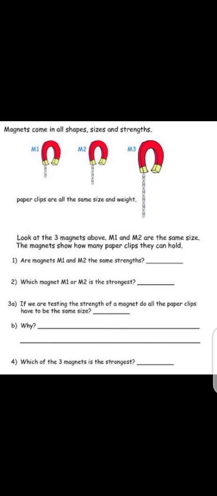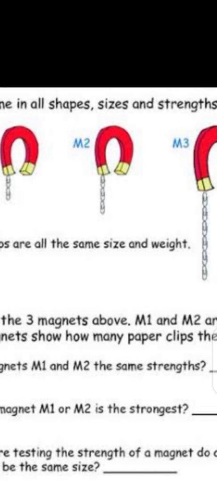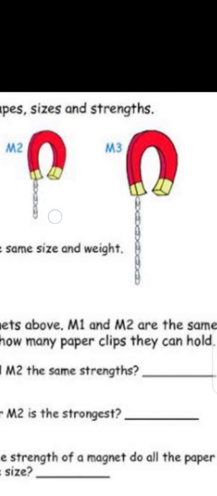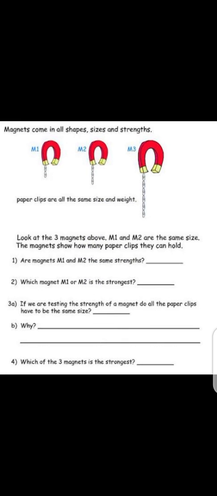You'll find that both the smaller magnets, of equal size, differ: one had 1, 2 paper clips, and M2, which was apparently equal in size to the first one, had 1, 2, 3 paper clips attached. However, the bigger one has 1, 2, 3, 4, 5, 6 paper clips attached. So look at these three magnets above.